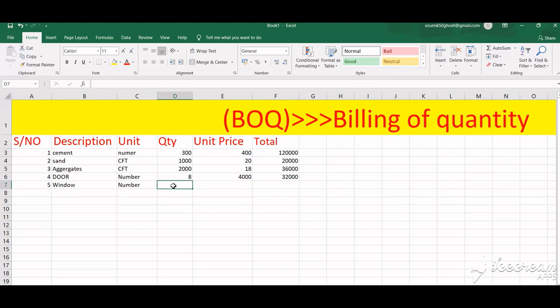Quantity is 8. Unit price is 6500. The total amount is calculated.